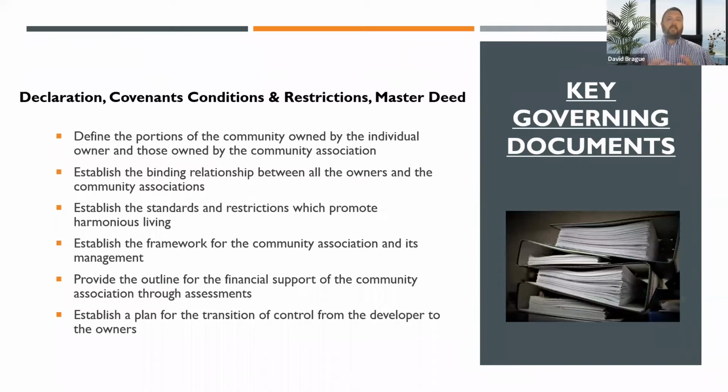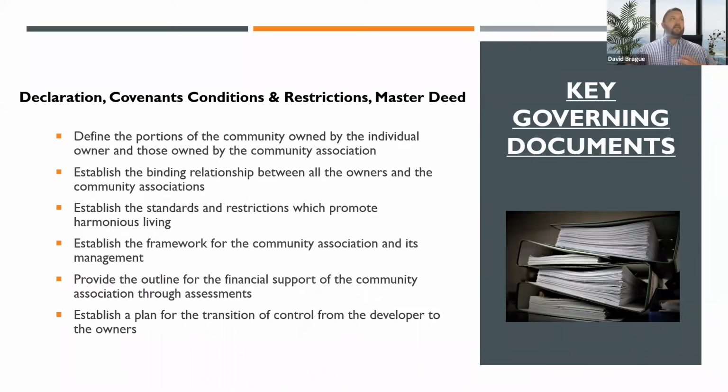The first of the key governing documents is your declaration, also known as your covenants, conditions, and restrictions, or master deed. In Pennsylvania, most likely it's known as the declaration. These declarations define the portions of the community owned by the individual owner and those owned by the community association. Those are going to be considered your common elements, your limited common elements, and then your owner responsibilities.